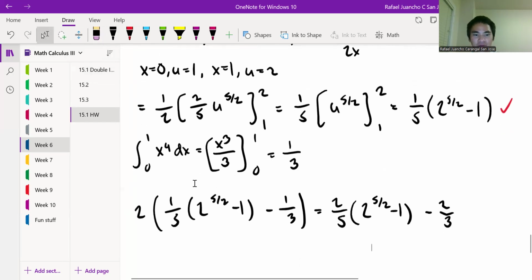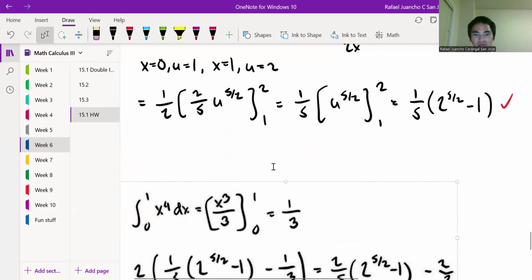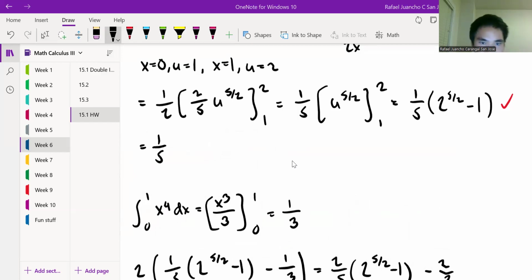So while this is 1/3, let me jot this down. This is the same as 1/2 or 1 to the 5th. Oh shoot, I have a 2 somewhere. I don't know where. Oh, okay, so this is 4 square root 2 minus 1.